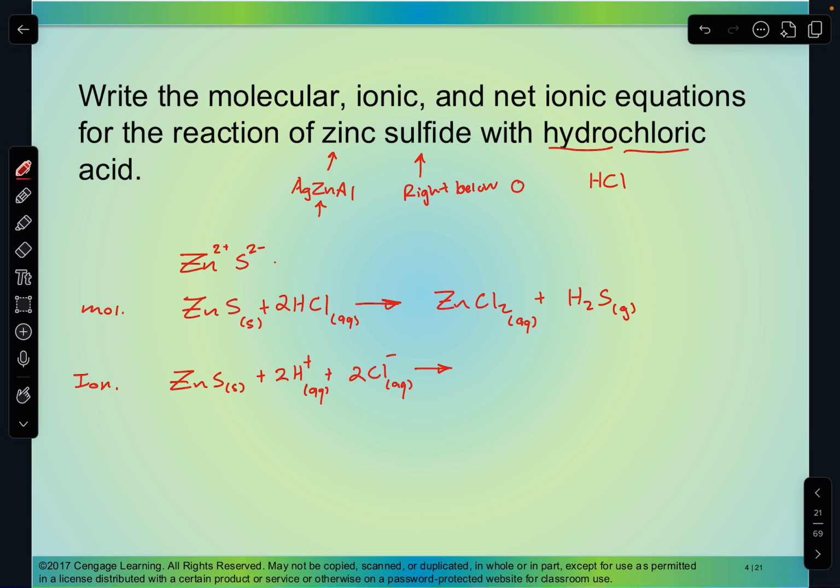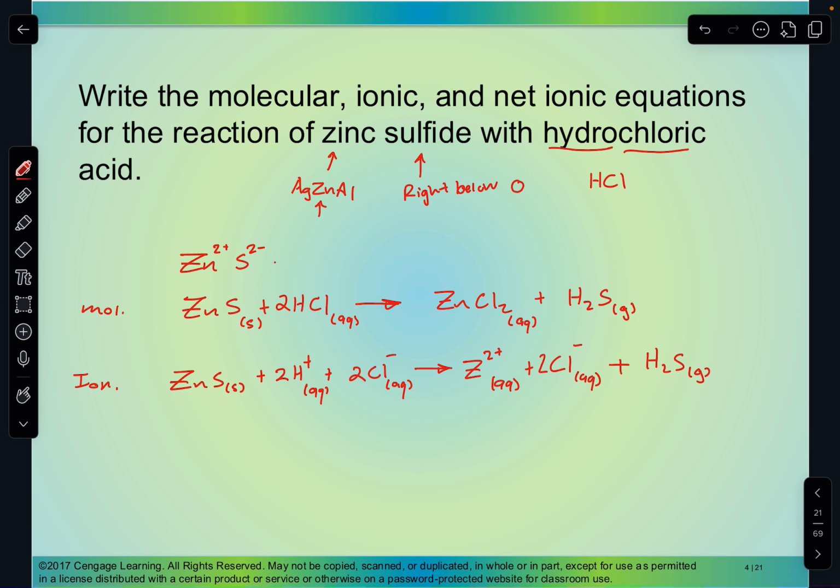And that's going to go to Zn2 plus, which is going to be the aqueous form, plus 2Cl minus, aqueous. And then we also have to add the thing that is also not aqueous, which is H2S. It's going to be gaseous. Okay, so that's our ionic equation.